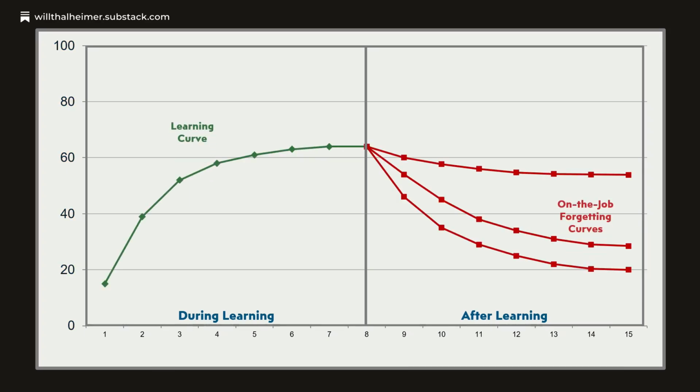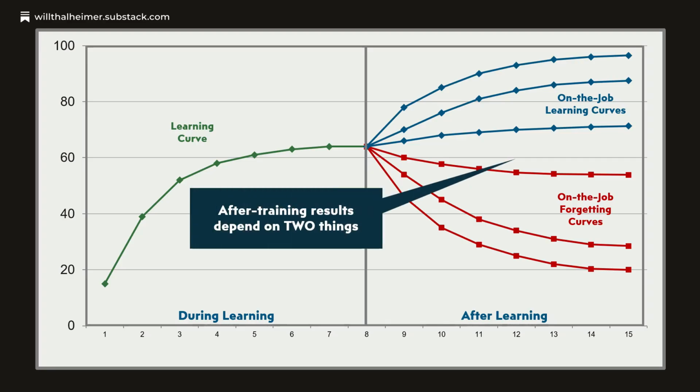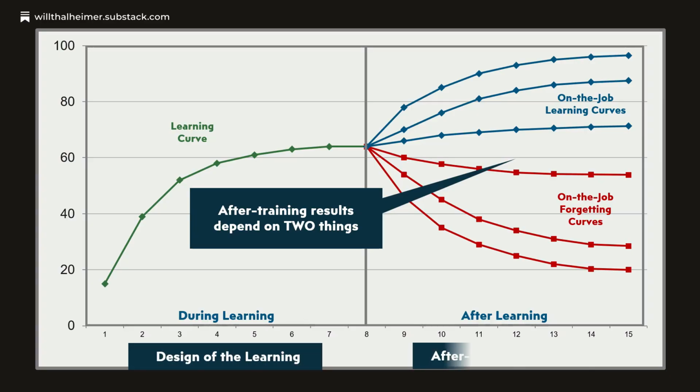Now, we can do things during learning and after learning that minimize that forgetting curve. We ought to be doing those things. Retrieval practice is one of those things. Ideally, we're creating learning and after learning so people continue to learn on the job. This after learning future depends on two things: the design of the learning and the after learning follow-up.